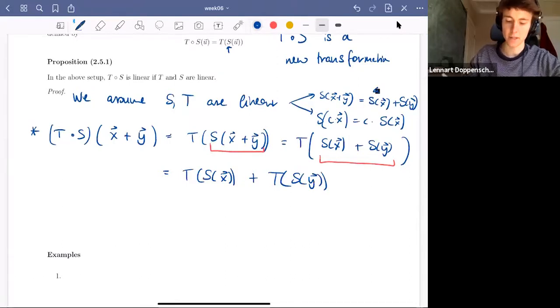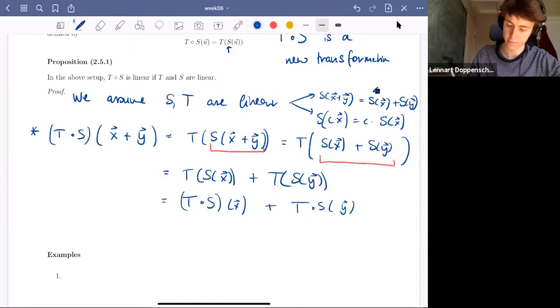And now we see that T of S of x is really just T composed S of x. So this is T composed S of x, and this is T composed S of y.